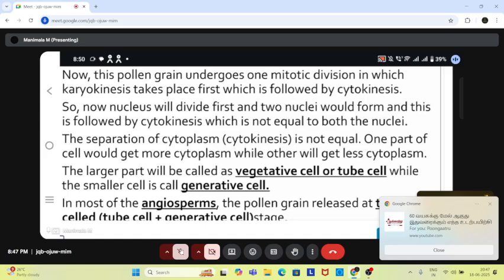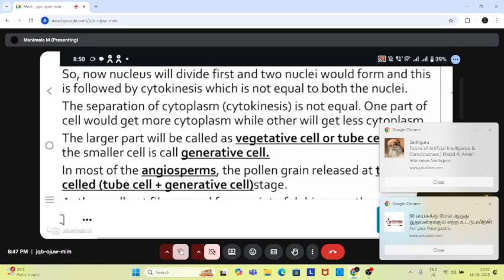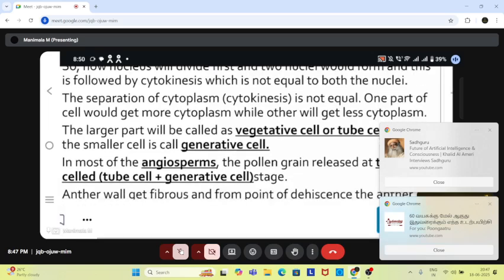The first cell of the male gametophyte is the pollen grain, in which the nucleus increases in size and undergoes karyokinesis followed by cytokinesis. From the pollen grain, two cells are formed: the vegetative cell, which is bigger in size, and the generative cell, which is smaller in size.